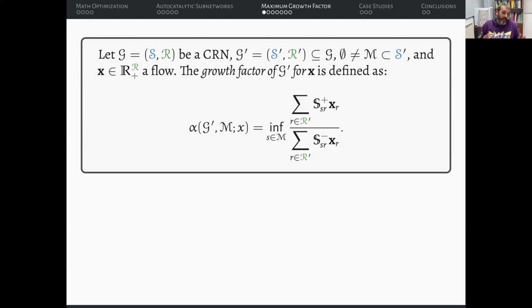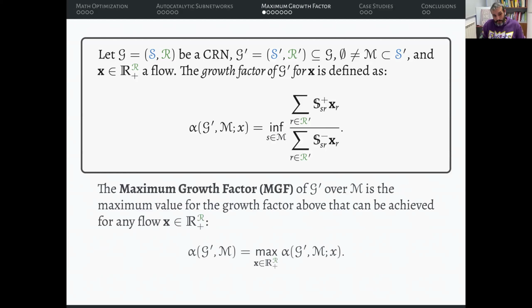If I know the subnetwork, the special set M, and the flow, I can compute this number just by applying the formula. But if we are given just the subnetwork, the maximum growth factor is nothing but the flow maximizing that amount, the flow that I need to use to make the growth factor as large as possible.